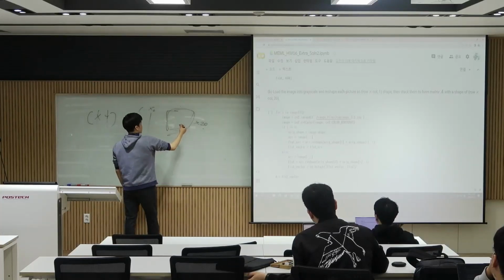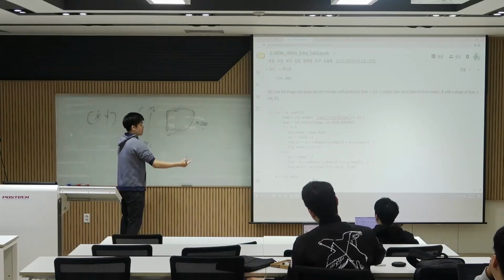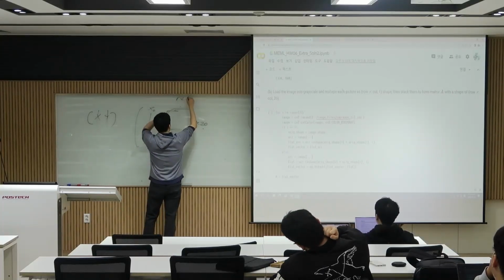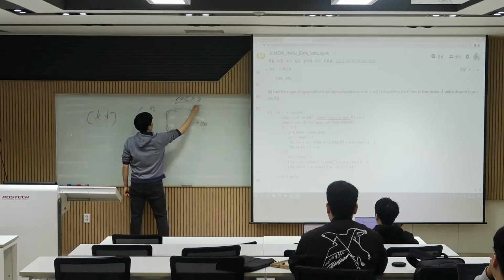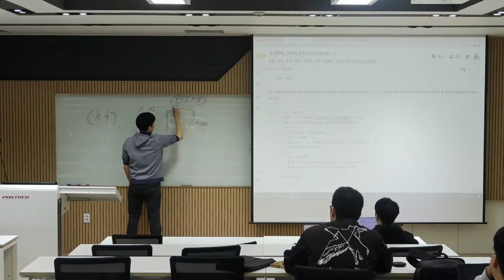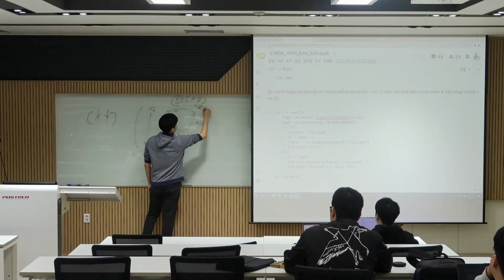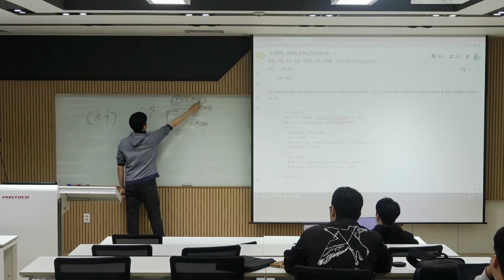Maybe the image was not grayscale, maybe color, which means if our image was originally a color image, then we're going to have RGB values. So the data might look like this.